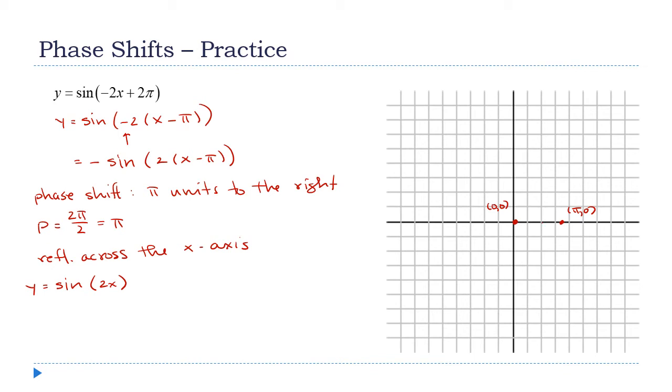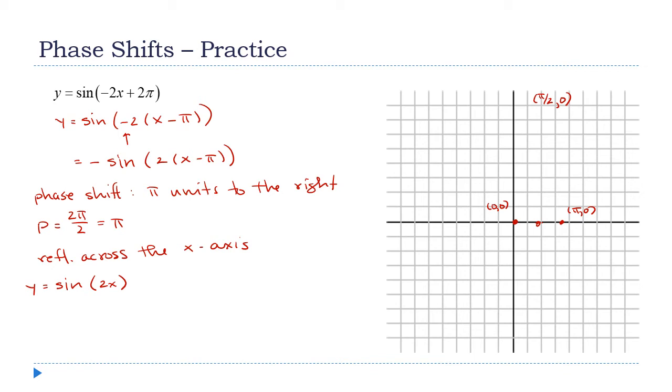And its other intercept is halfway in between them. So it's going to be about here, right? I try not to write too much in here because we're going to put all these graphs in there. This is (pi over 2, 0). And then where are the maximum and minimum values?